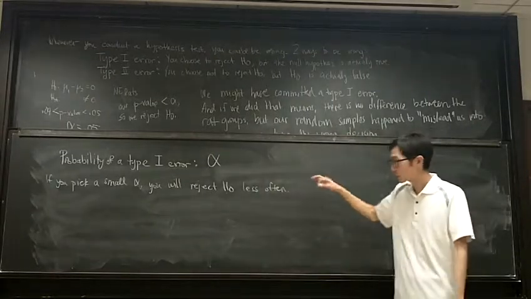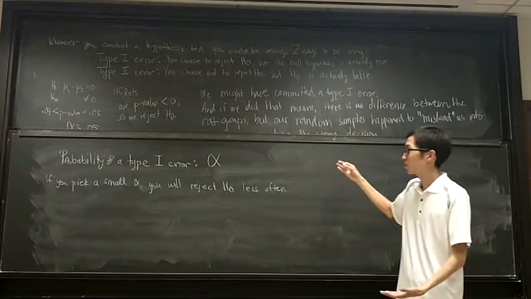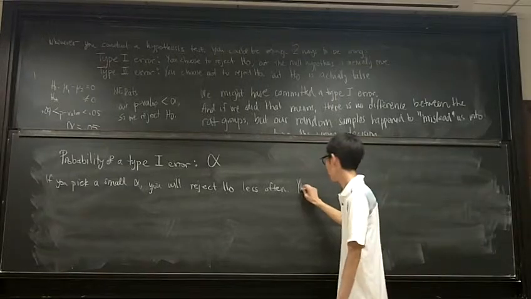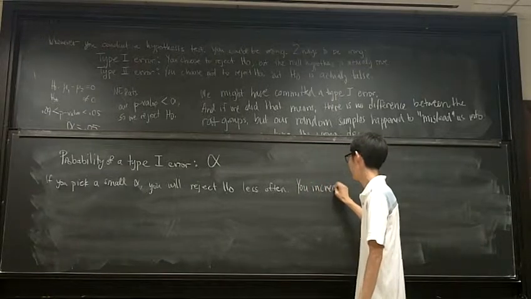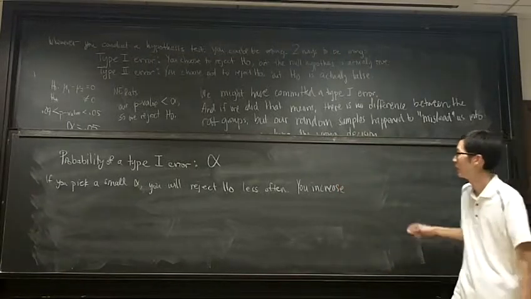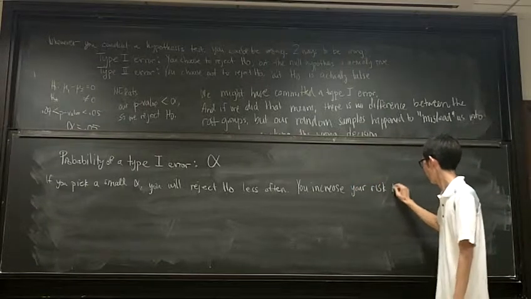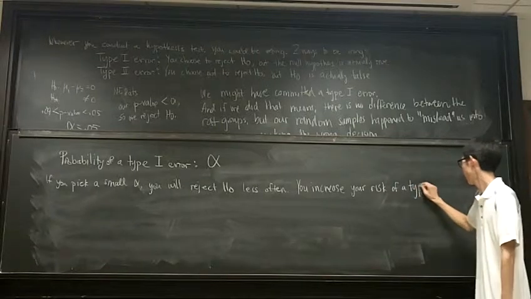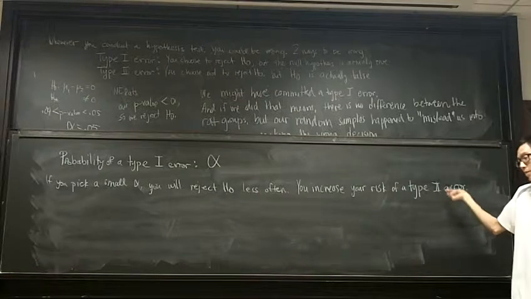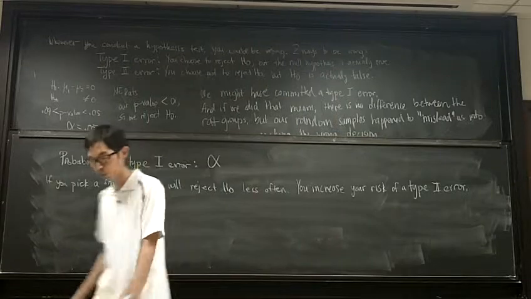So by rejecting it less often, you're increasing the risk of not rejecting it when you're supposed to. I know, it feels like all these brain twister things, right? Logic. You increase your risk of a type 2 error. Okay. Yep. The type 1 and type 2 we always write with Roman numerals for whatever reason.